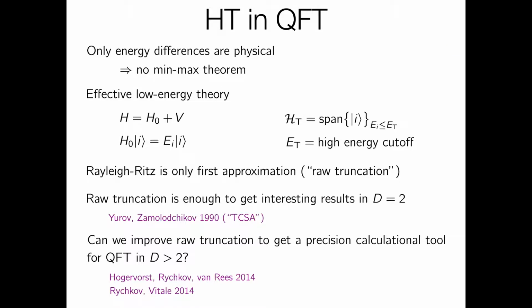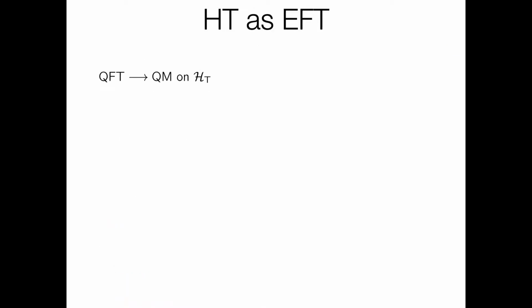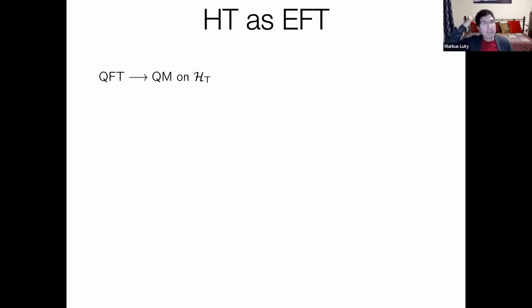All right. Okay, so let's try to embrace this idea of Hamiltonian truncation as an effective theory. Some comments about this. First of all, one of the ways that it's different from a conventional EFT is that when I'm done, my EFT is not a quantum field theory.